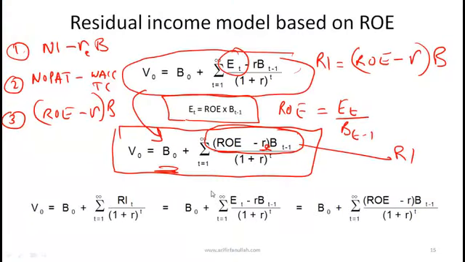Okay, so the question is, don't we calculate ROE based on average book value? The answer is that the calculation of ROE is done in different ways in different contexts. Even if you look at the formula in different textbooks, some will use average, some will use start of year.